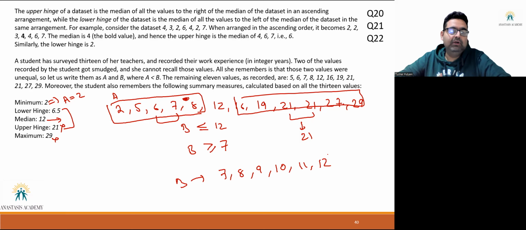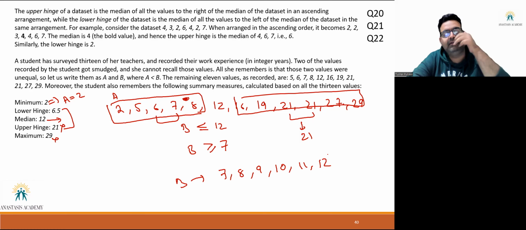Lower hinge gave us the lower limit of B. Since the lower hinge is 6.5, the two values in the middle should be 6 and 7. So to make 6 and 7 the middle, I can put 8 as B, or even 9, 10, 11, or even 7, because then, with two 7s, the mean will still be of 6 and 7. So B has 6 possible values: 7, 8, 9, 10, 11, 12. This much data we could figure out.